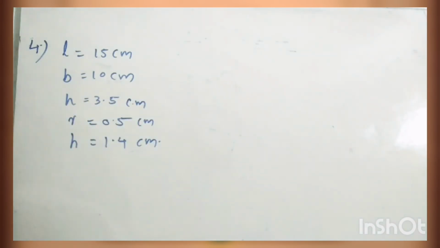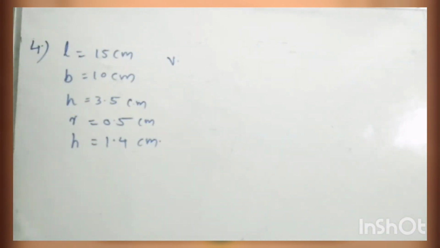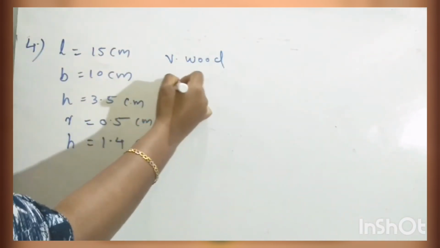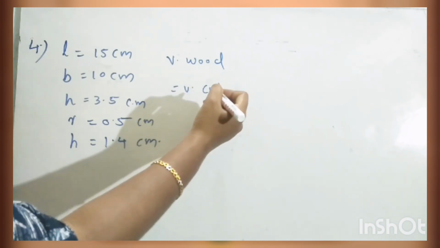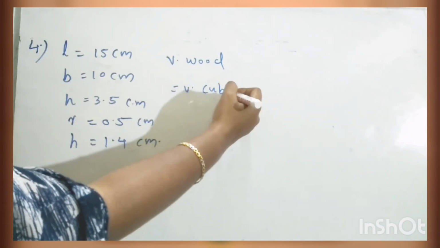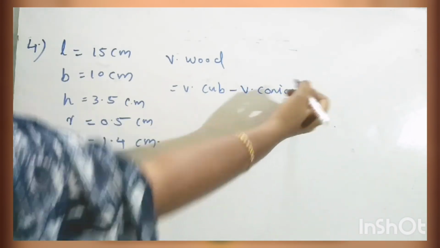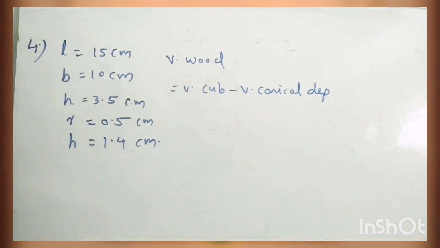So the volume of the wood in the entire stand is equal to volume of cuboid minus volume of conical depressions.